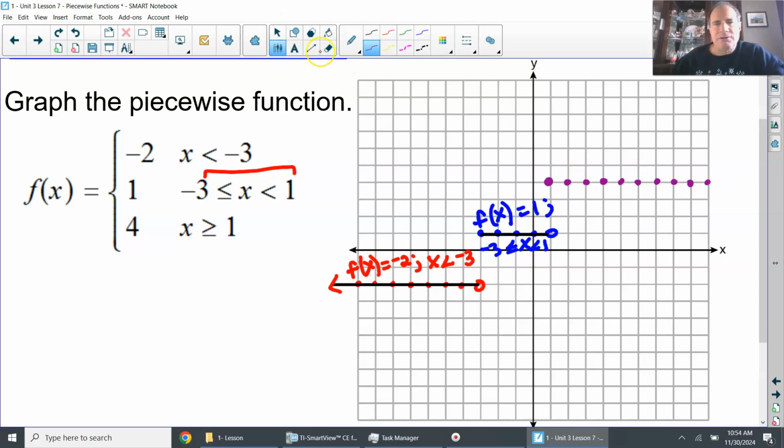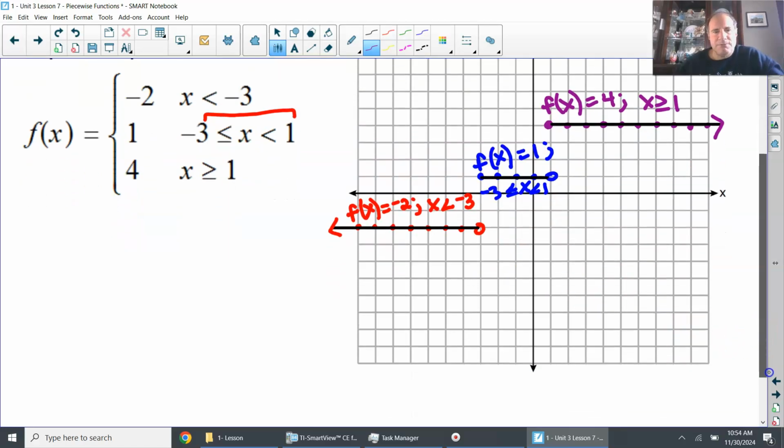And (10, 4) is your last point that you're going to be able to fit. And that gets an arrow at the end, and it is f of x equals 4, x is greater than or equal to 1. And that's it. That is the piecewise function.